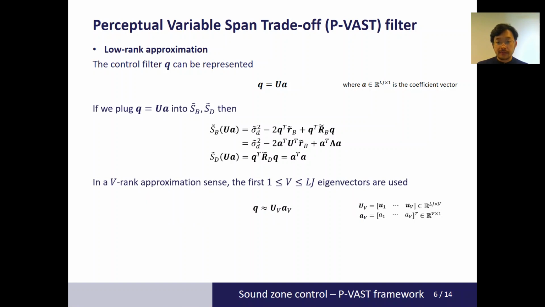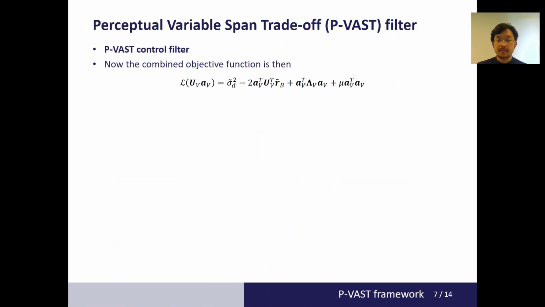Now, doing a V-rank approximation, which uses the first V eigenvectors, we can also approximate Q with respect to UV and AV. Now we optimize over AV instead of Q directly. Then we can rewrite the combined objective function with respect to UV and AV.